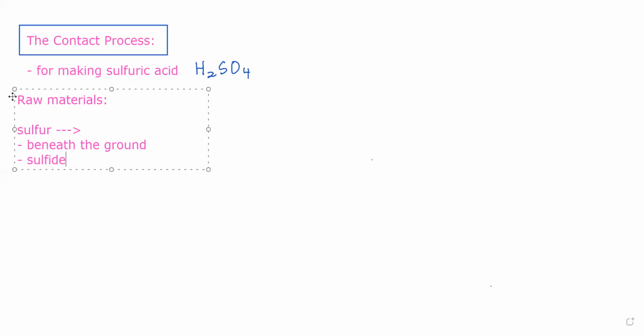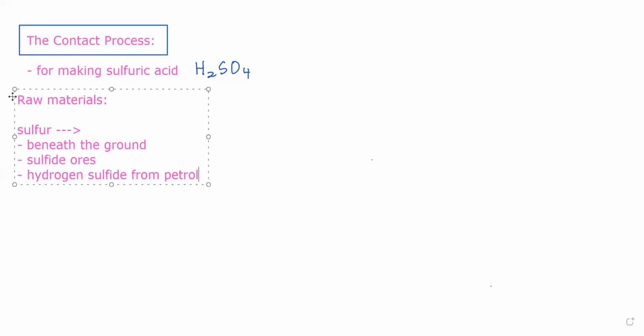There are different resources to get the sulfur from, and we will be getting it from petroleum or natural gas. So basically hydrogen sulfide. We make it clear: hydrogen sulfide from petroleum or natural gas.